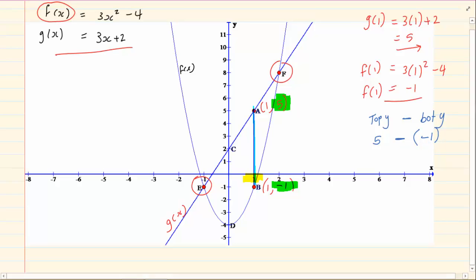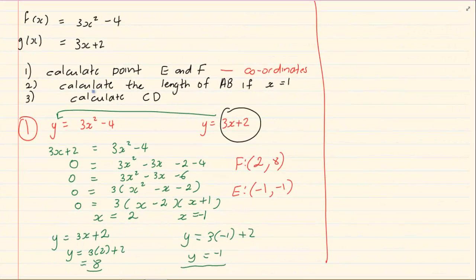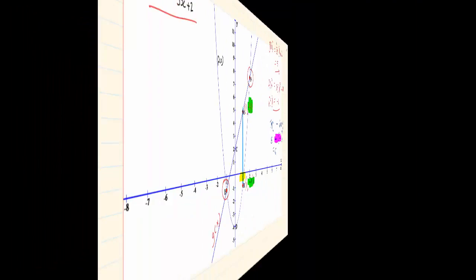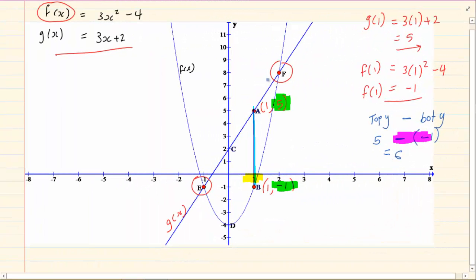Be careful with your signs. There are 2 minus signs. So what does it become? 5 plus 1, which is equal to 6. So when they say calculate the length of AB if x is equal to 1, then this answer is top minus bottom, which is 6. So the length of AB is equal to 6.